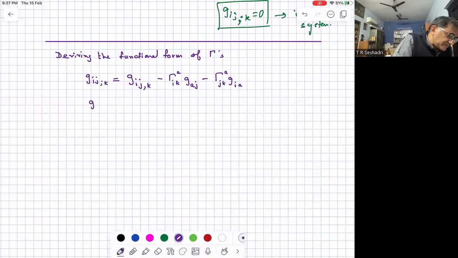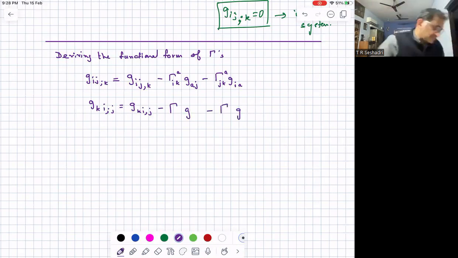If I just cyclically rotate it, Gki semicolon j is equal to Gki comma j minus gamma G minus gamma G. So i was replaced by k, so it is k and k.